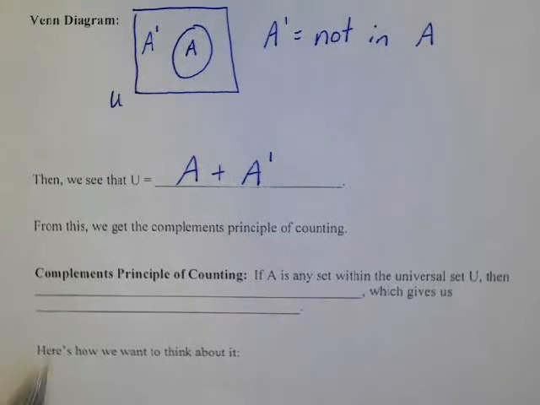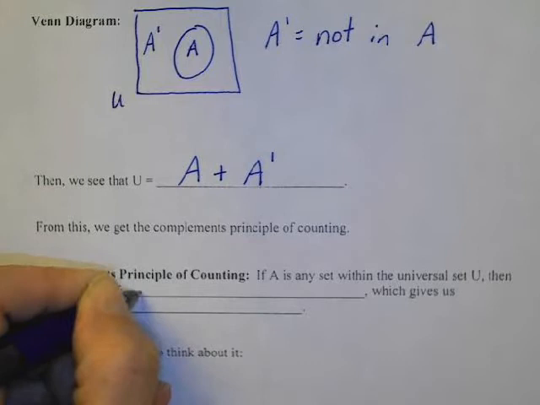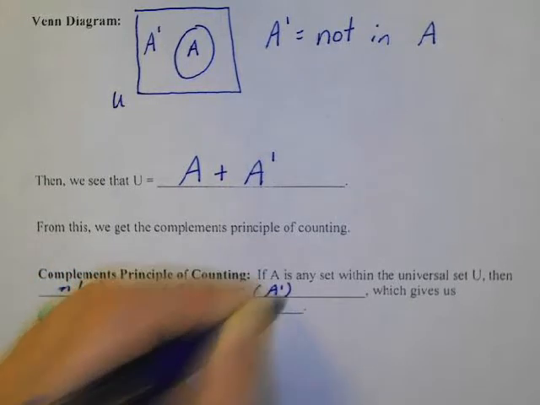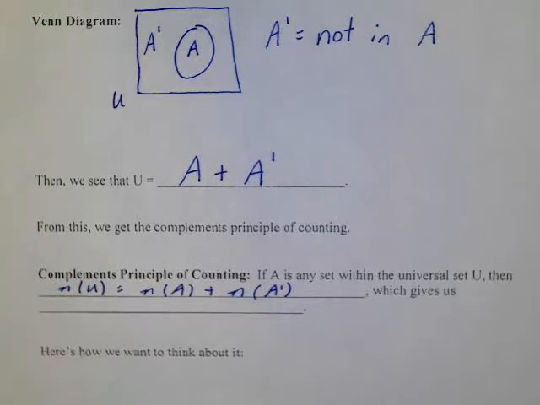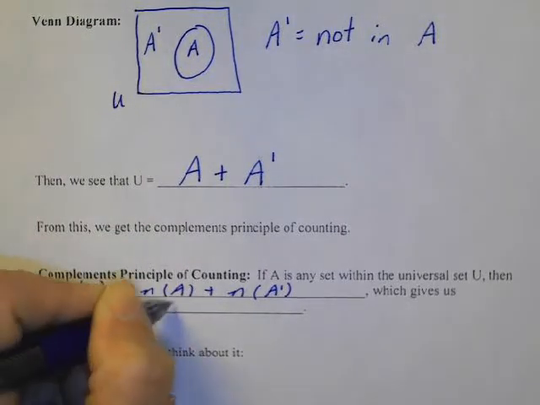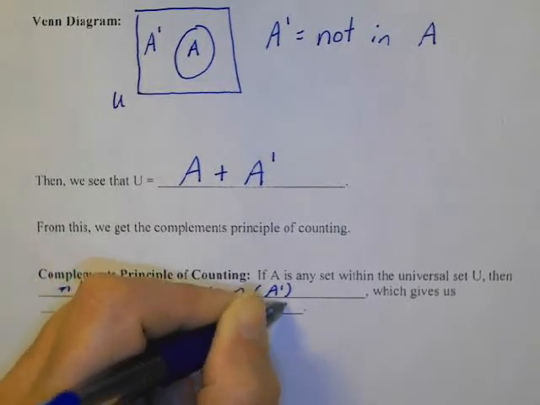So it says here that n of U, the size of U, is all of A plus all of A prime. Now in the end, what we're really interested in is what's in A. But for some reason, I can't just go after it and count it. What I could do is say the size of A is found by taking all of U minus the size of A prime.